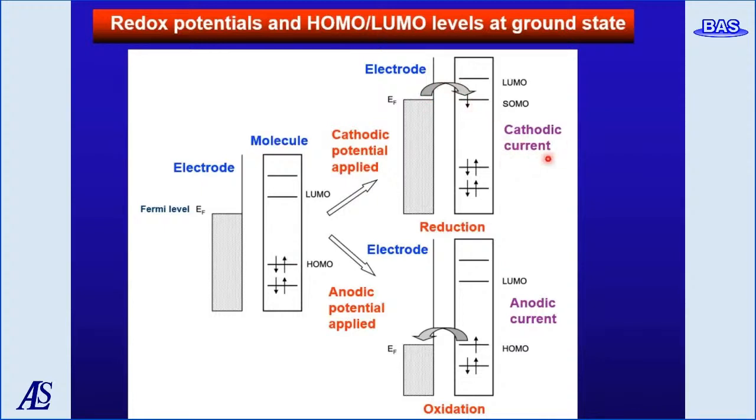On the other hand, when the potential is swept in the positive direction and the HOMO level is approached, electrons are transferred from the molecule to the electrode, and the molecule is oxidized. In this case, an anodic current is observed. Therefore, the HOMO-LUMO energy of the molecule can be estimated from the redox potentials.